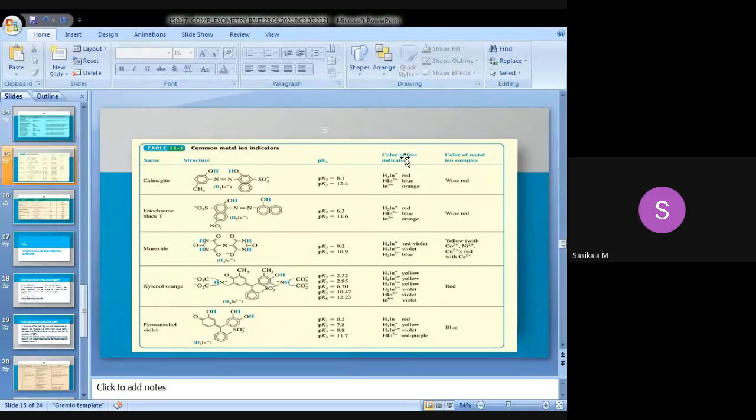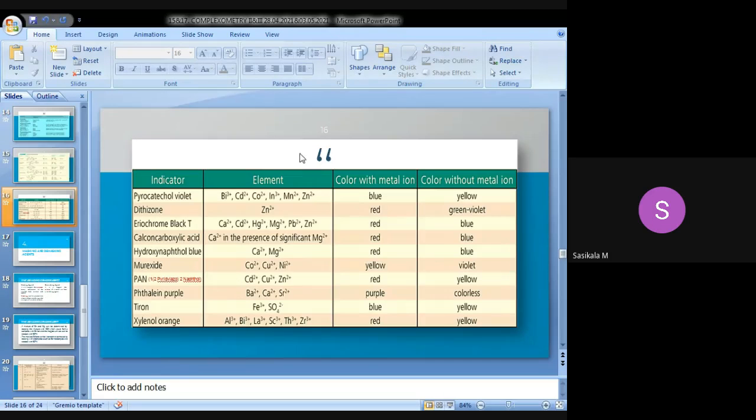Here you can find 5 types of pM indicators and their color change as free indicator. Then when it forms a metal ion complex, what is the color change? Here we can observe. This is about metal ion indicators, and here are some more examples: pyrocatechol violet, dithizone, eriochrome black T, calcon carboxylic acid, calcein mixture, hydroxynaphthol blue, murexide, PAN which represents 1-(2-pyridylazo)-2-naphthol, then Tiron, xylenol orange.